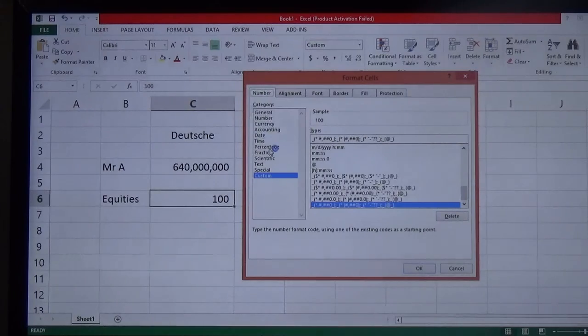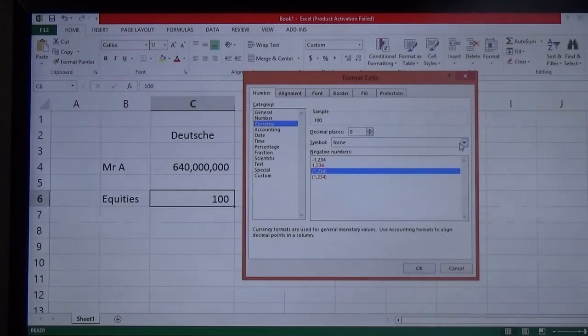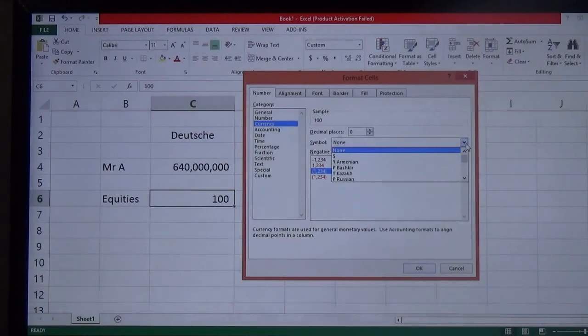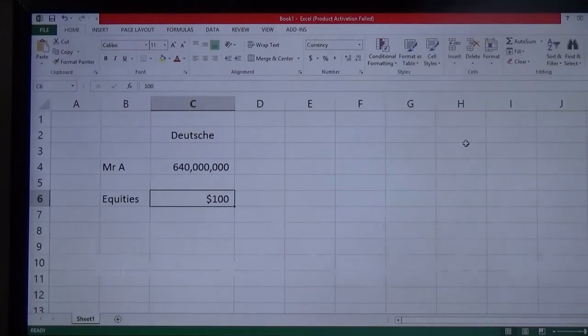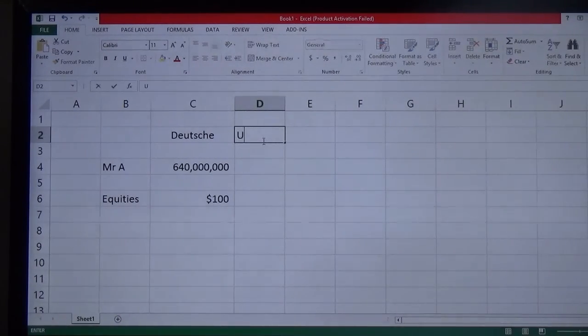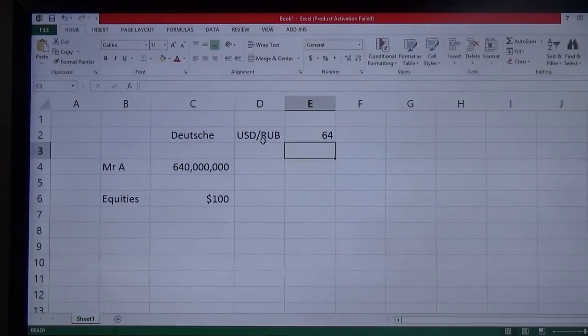Now suppose the dollar to Russian ruble rate is 64. So what you did, you convert this. If it is 100, then how many dollars?